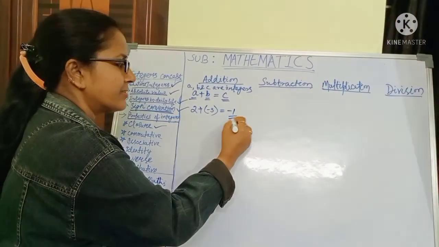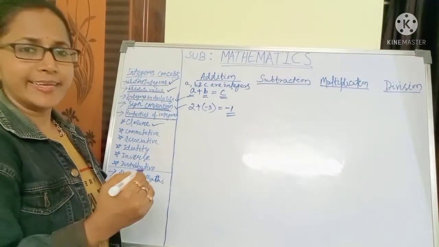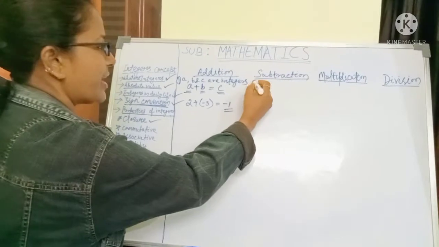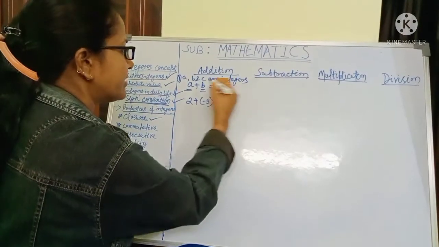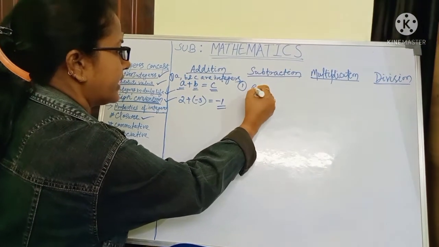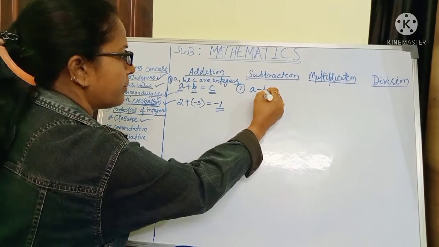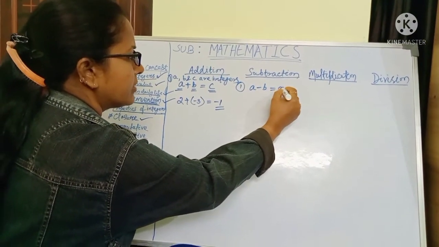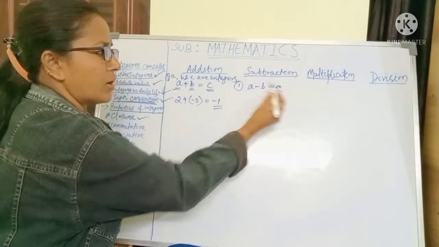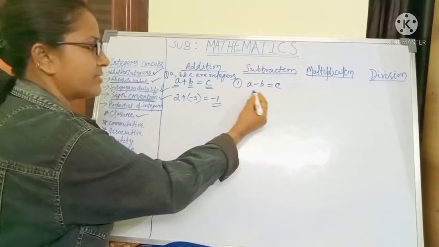So minus 1 is also an integer; this is the closure property. For subtraction, if a, b, c are integers, then a minus b equal to c. This is the closure property.